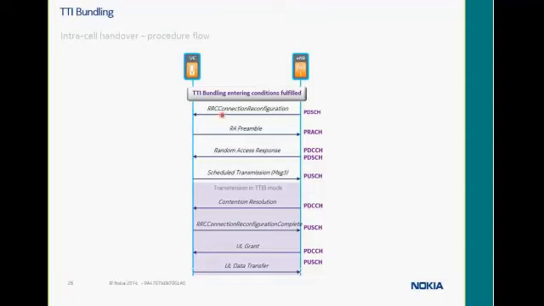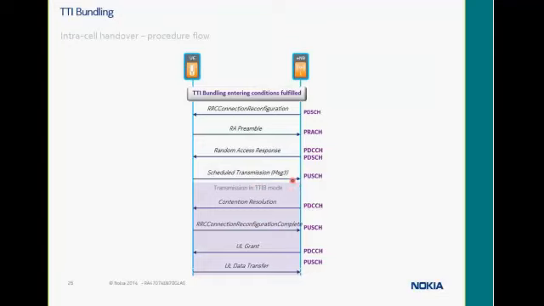That means it will come out with a dedicated preamble, which the subscriber will use in the PRACH. We then send the random access response for that preamble, and then we reschedule transmission for message 3. So this is all the preamble transmission. This is all to do the handover, the intra-cell handover.